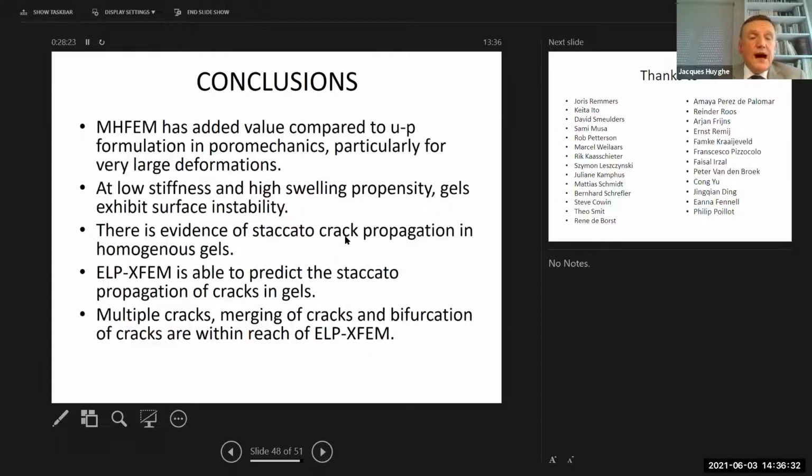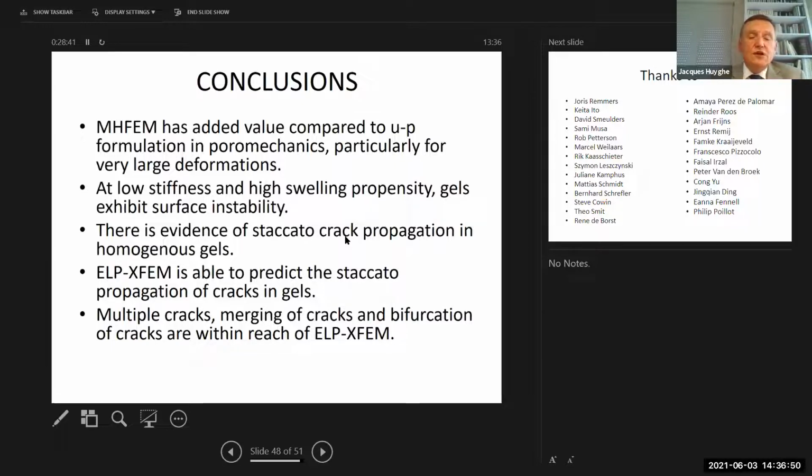So mixed hybrid finite element method has added value compared to UP formulation in poromechanics, particularly for very large deformations. At low stiffness and high swelling propensity, gels exhibit surface instability.